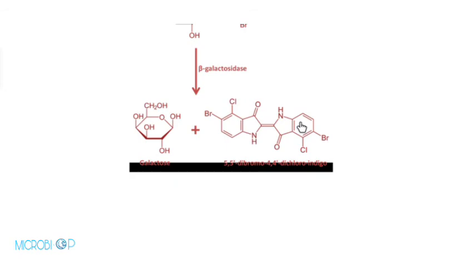Now when will beta D galactosidase be produced? When the N terminal region has not been cut. It will produce beta D galactosidase, and beta D galactosidase in turn produces the blue color by cleaving X-gal. But if there is no blue color, what will that mean?